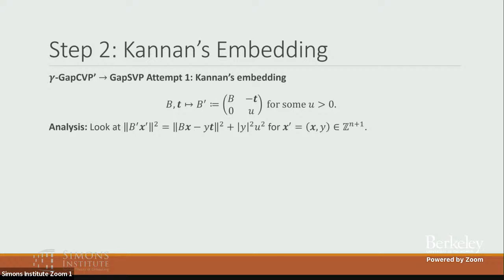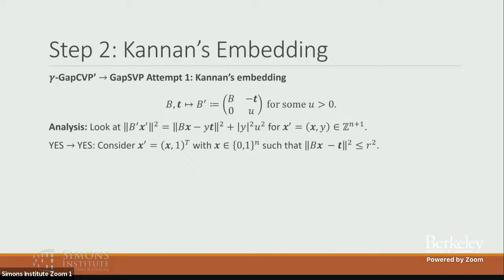And then, if we want to analyze this reduction, I'm omitting R and R prime, the distance thresholds. But if we just want to think of this as a reduction from CVP to SVP, I'm going to do this by analyzing vectors in the lattice generated by B prime in terms of their coefficient vectors X prime. So in the yes to yes case, assuming that there was in fact a short vector in the lattice generated by B and T, there's a short non-zero vector in the lattice generated by B prime.